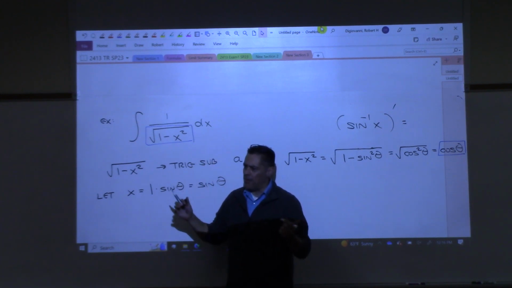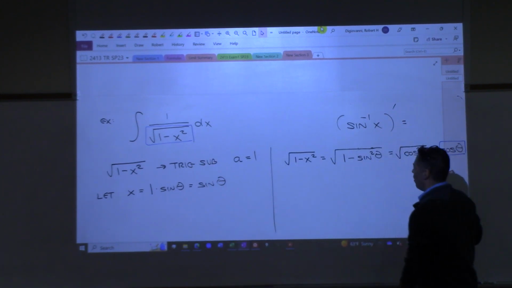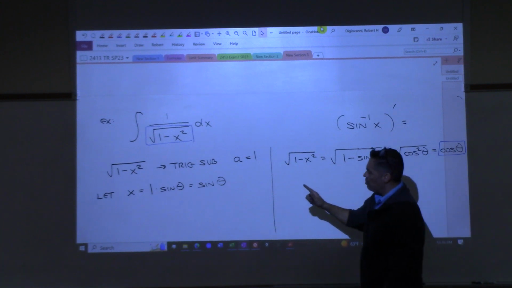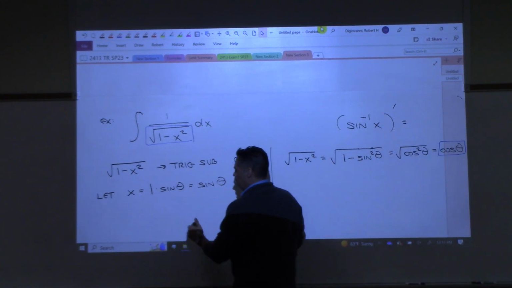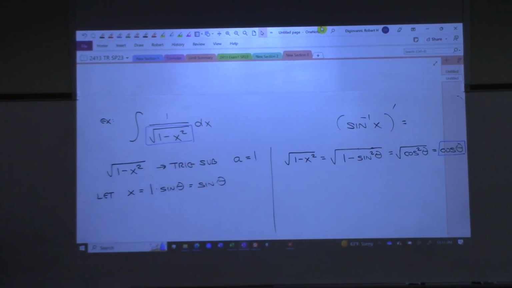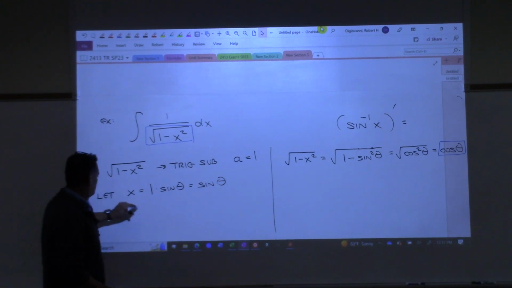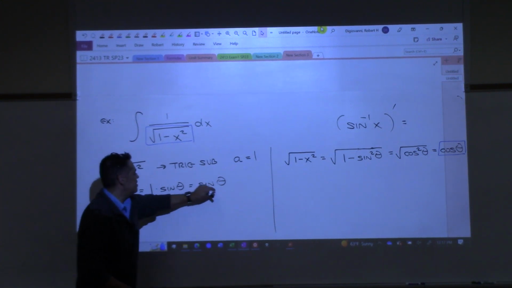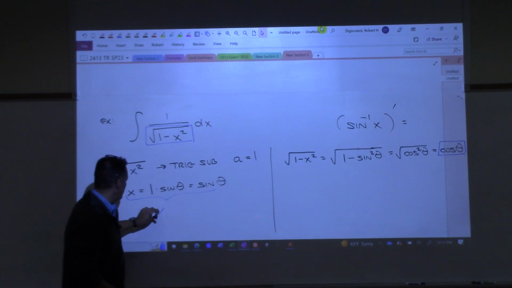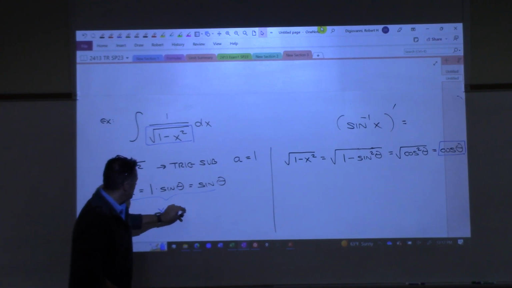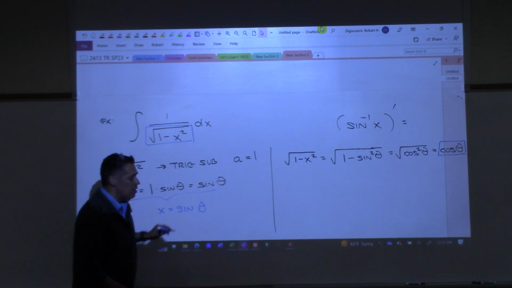Where are we going to get that from? Well, we take our original trigonometric substitution, this relationship right here between x and theta. We are saying that x equals sine theta. That was our trig sub.